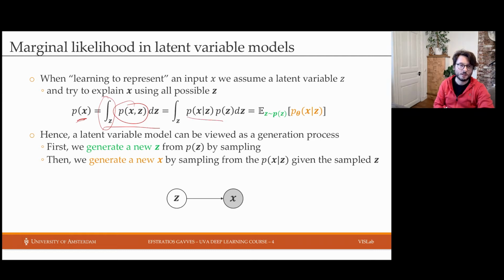And obtain a likelihood term of x given z times the prior over the latent variable c. And this expression can be further reformulated in terms of an expectation here. So in an expectation, we have two important quantities. One is the quantity whose expectation we want to compute.